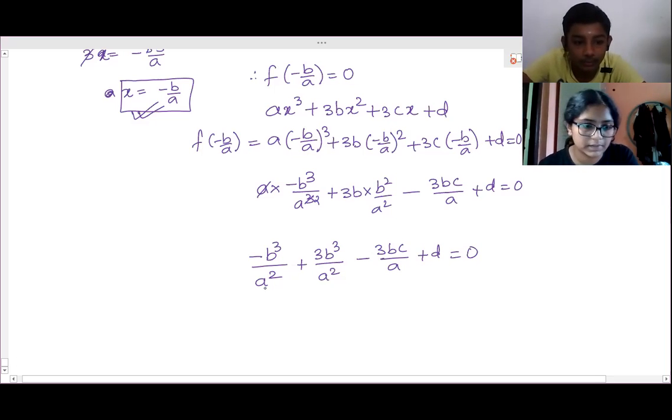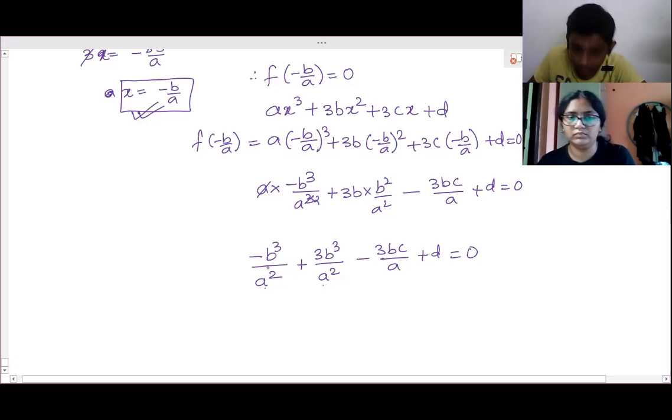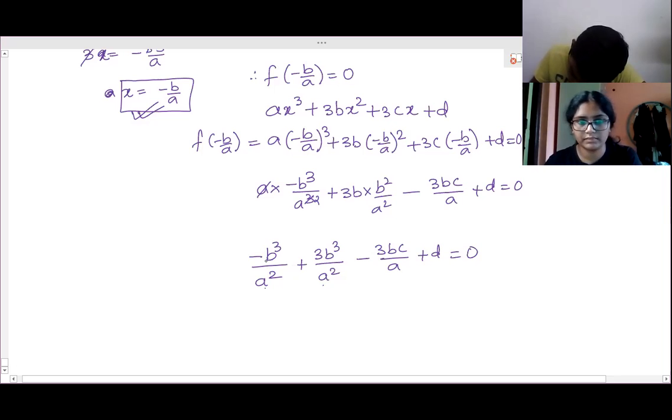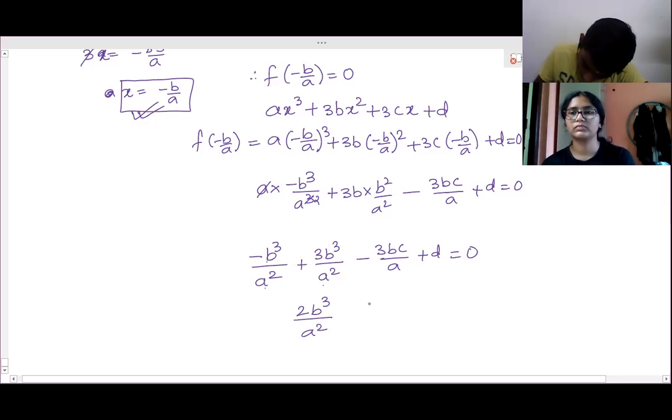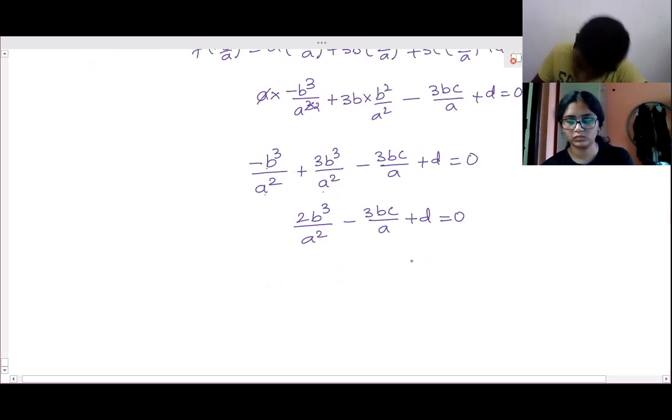Yes, ma'am. Denominators are same in the first two. So we can add numerators. So numerator is minus b cube plus 3b cube. So value of this is 2b cube by a square. 2b cube by a square minus 3bc by a plus d is equal to 0. And now take LCM. What is LCM? a square. So here no need to multiply.